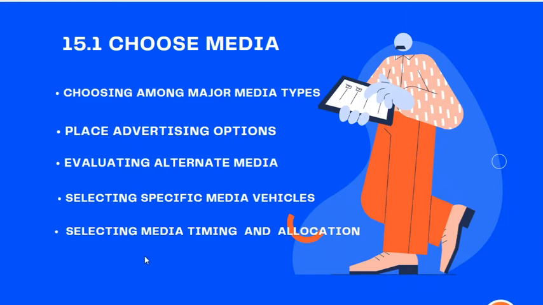Flighting calls for advertising during a period followed by a period with no advertising, followed by a second period of advertising activity. And pulsing is continuous advertising at low levels, reinforced periodically by heavier activity to help the audience learn the message more slowly at a low cost.